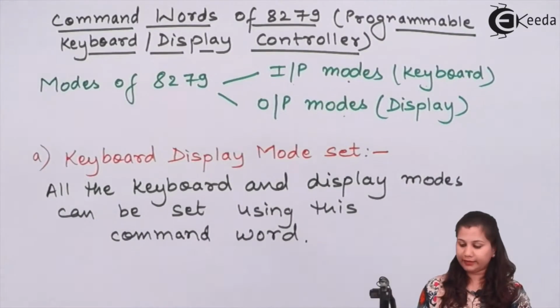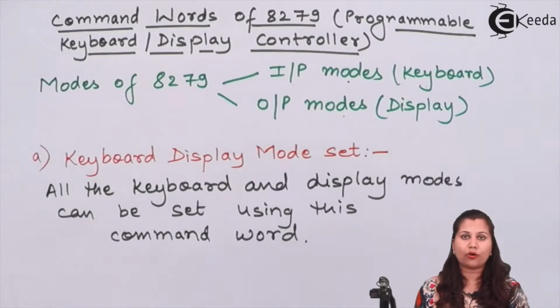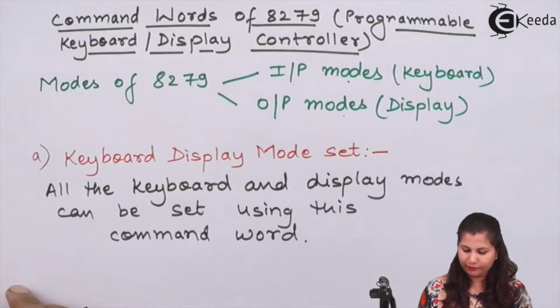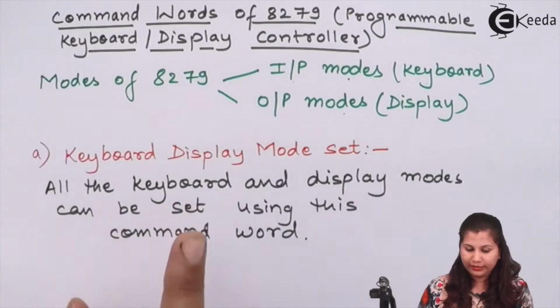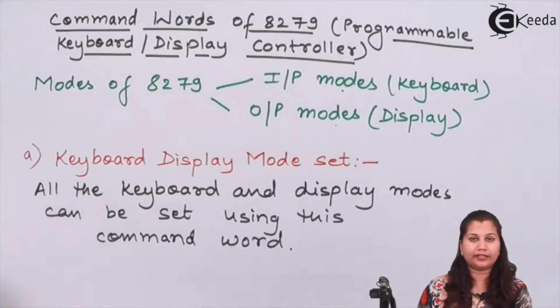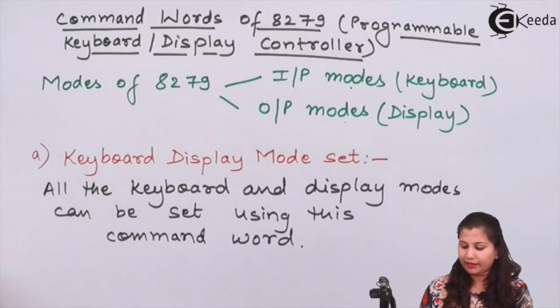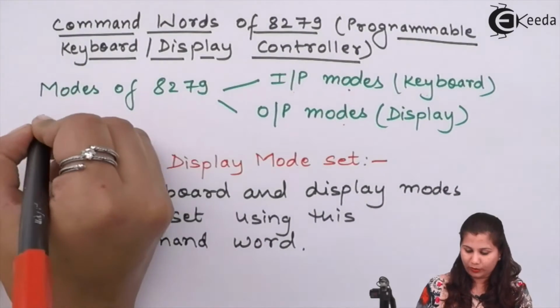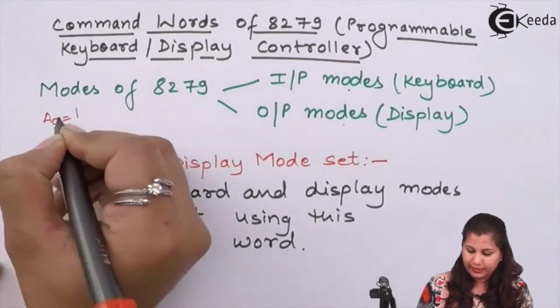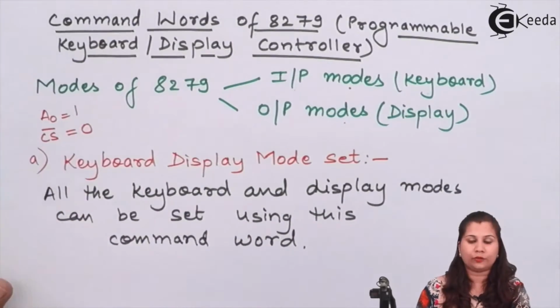So let us study the command word. This command word consists of 8 bits from D7 to D0, and all these command words are written or read, and their status can be read, when the value of the line A0 is 1 and the CS line is equal to 0.